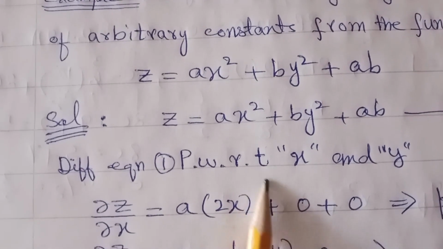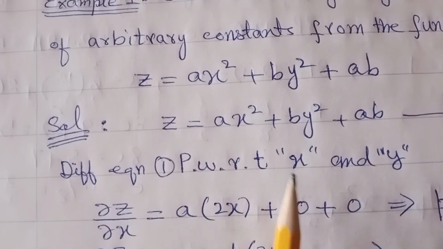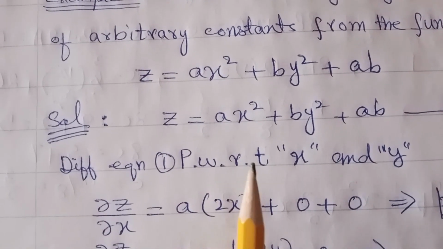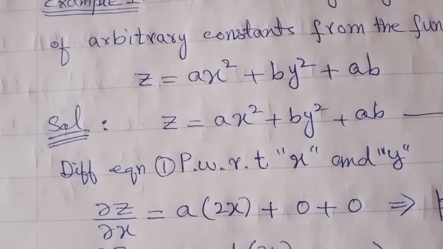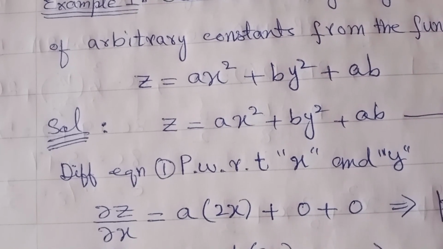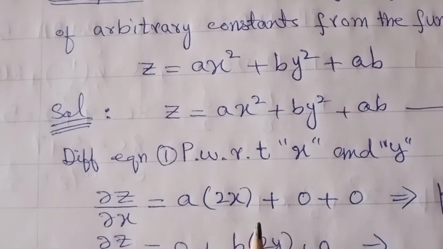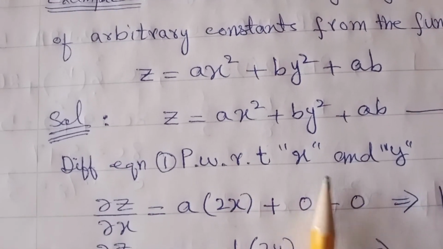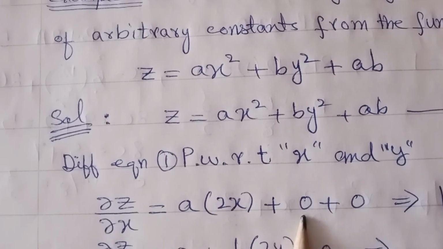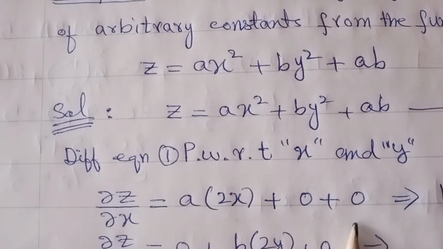So here y and ab, which are separate from the x terms, will be taken as constant terms, and the derivative of a constant term would be 0. So the derivative of b y square plus a b is 0, therefore the second term and third term will be 0.